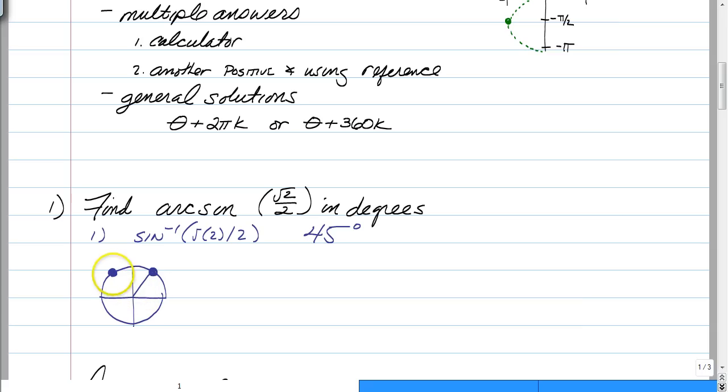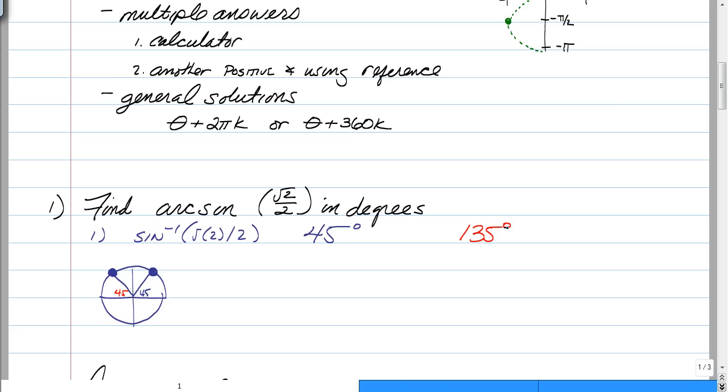So what other angle can we have? Well, this right here is 45 degrees, so you just repeat your 45 degrees as a reference angle in that quadrant. But this angle is not 45 degrees, and you need to give a positive angle. This is 45 degrees less than 180, so your other angle is 135 degrees.